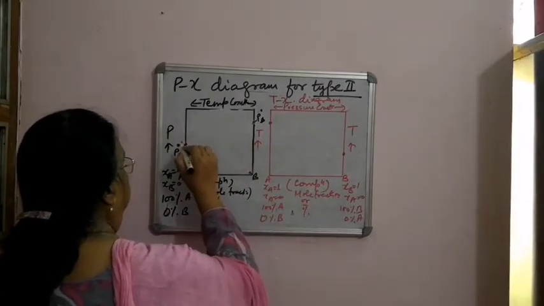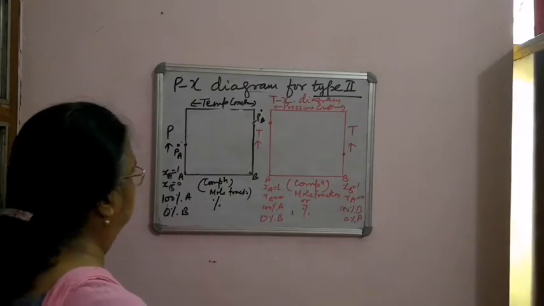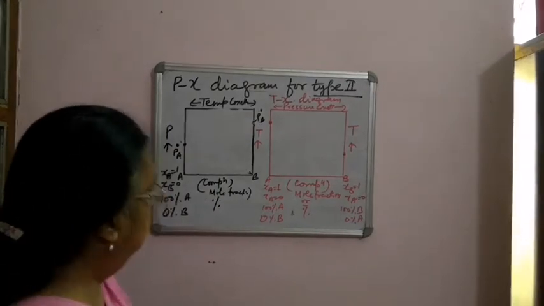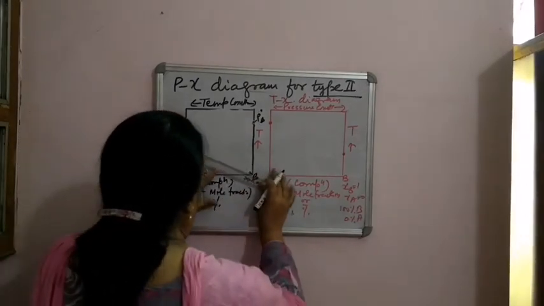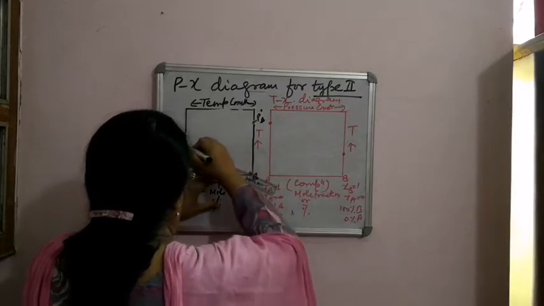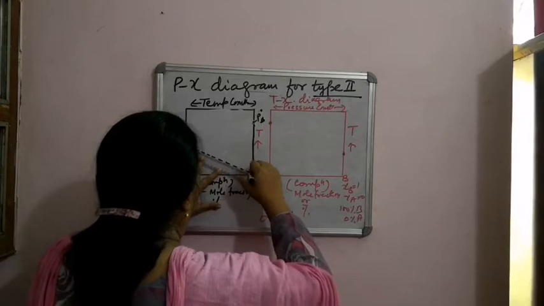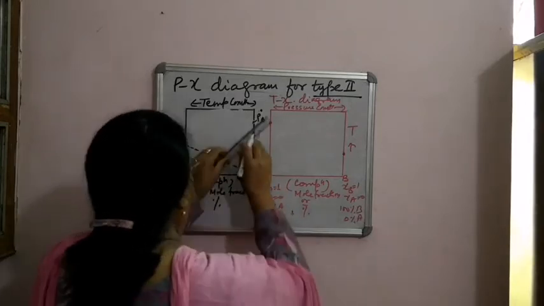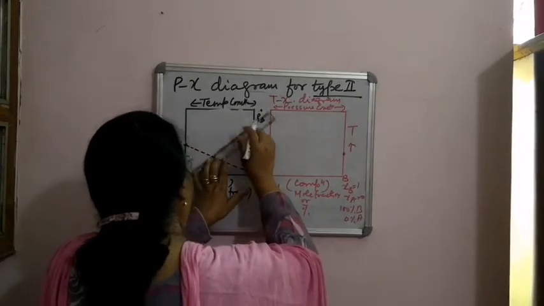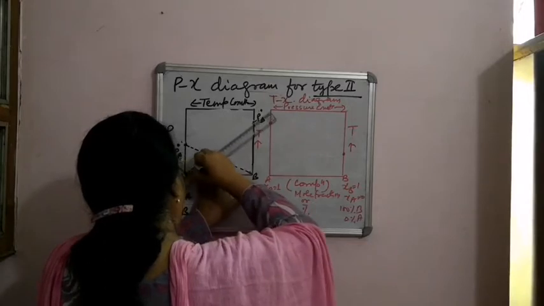So this is P naught A, and in type 2 again you will have to take first the ideal solution condition for the PX diagram, because we have to compare.